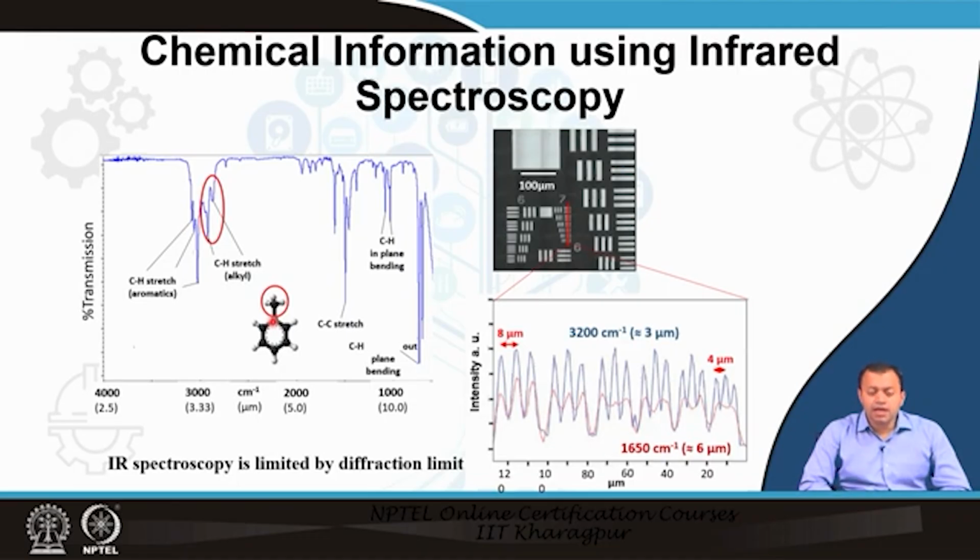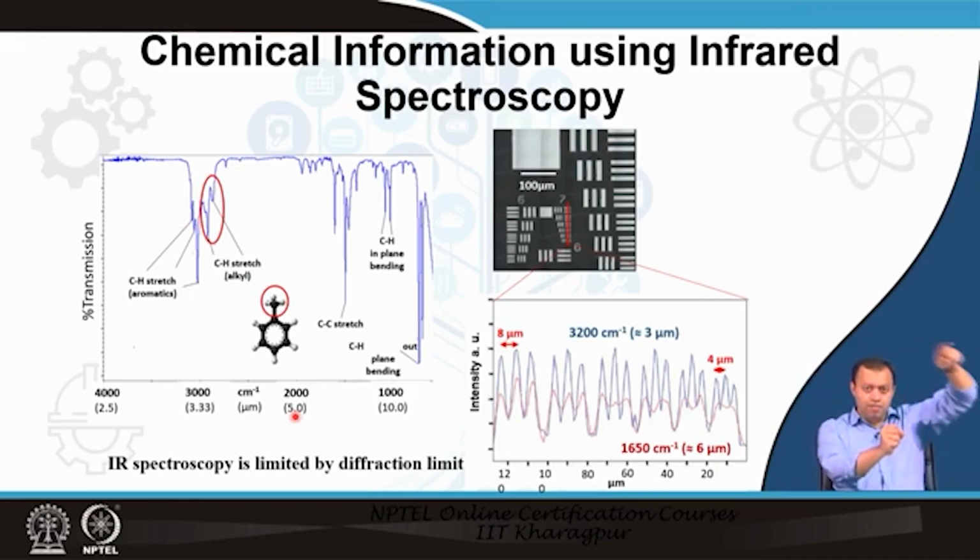Can you then try to resolve its chemical properties by sending wavelengths of light which are 100 times, 1000 times greater than it? So, you have a molecule, a nanomaterial made up of complex molecules, a single virus of 200 nanometer, and you are trying to probe it using light whose wavelength is 100 times larger.